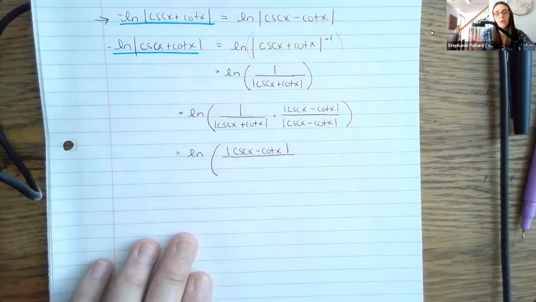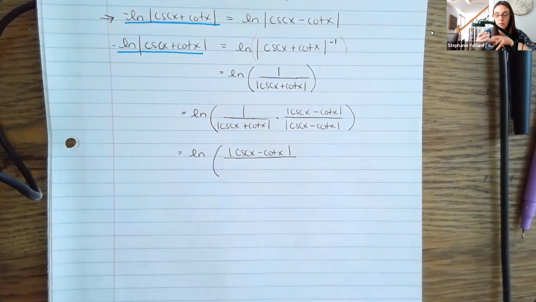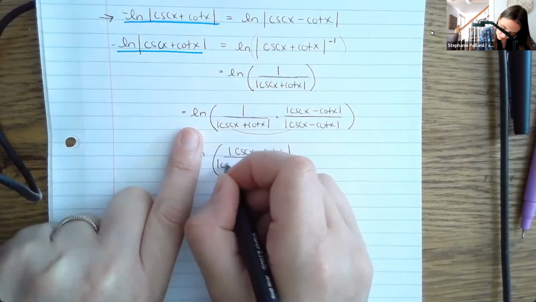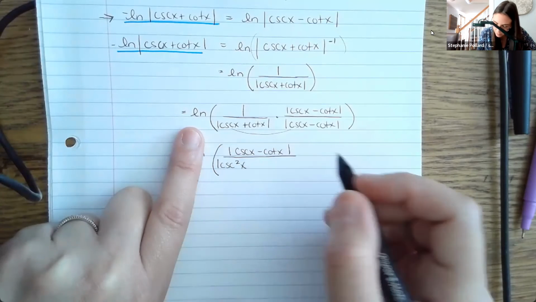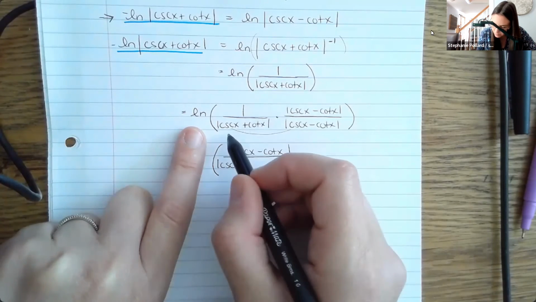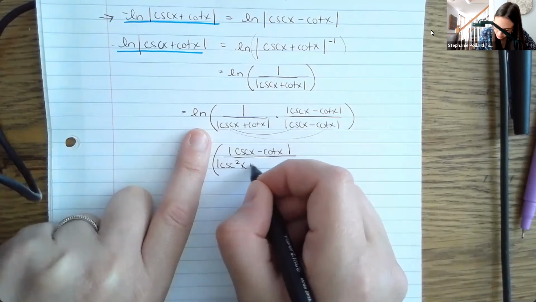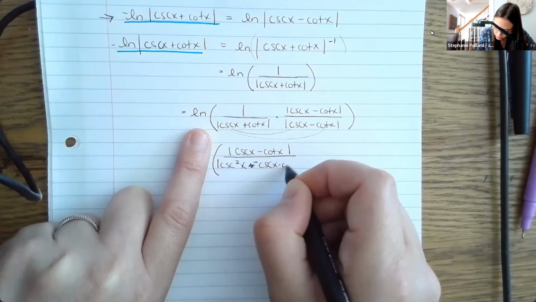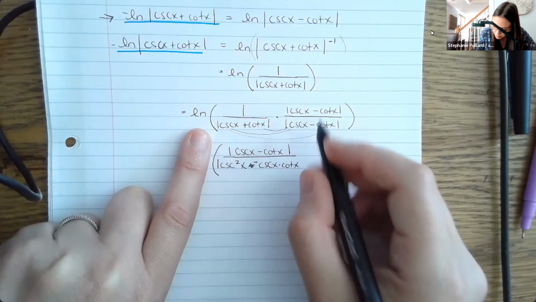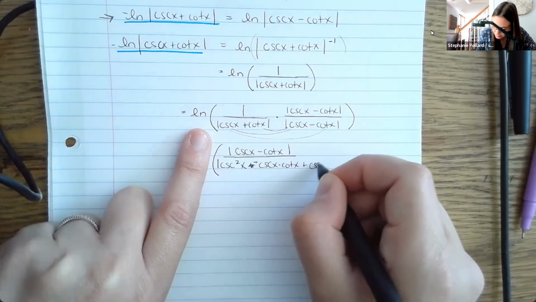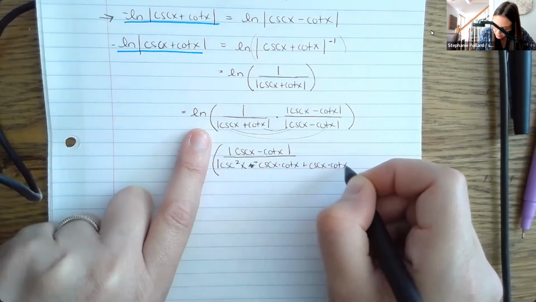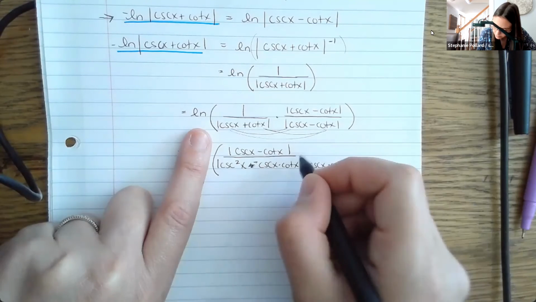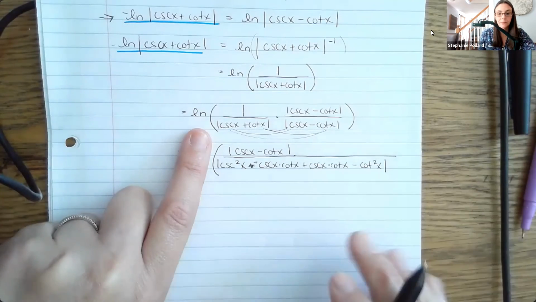On the bottom, even though they're in absolute values, you actually can still FOIL this. So you would have cosecant squared x minus cosecant x times cotangent x on the inside, plus cosecant x times cotangent x, and then minus cotangent squared x, absolute value.